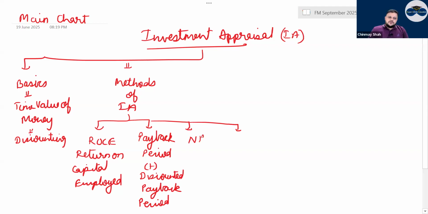Then there is NPV, that is net present value. Then there is IRR. IRR is nothing but internal rate of return.